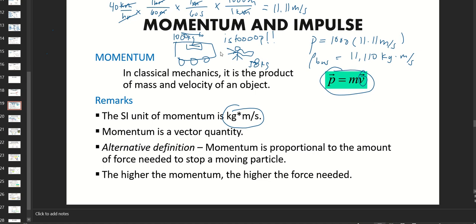So, let's say na lumilipad si Superman, tapos didiretso niya, tapos babanggain niya yung bus. Dapat mag-stop silang dalawa. So, what will be the velocity of Superman? Momentum is mv.